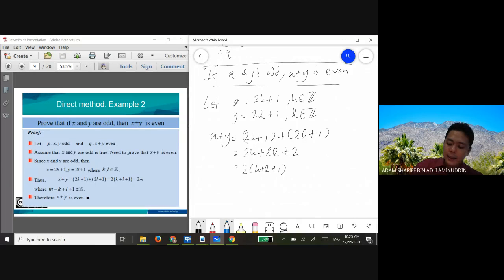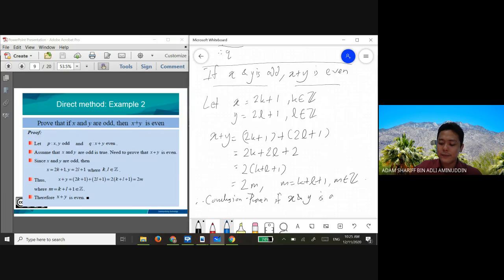As K is an integer, L is an integer, and also 1 is an integer, then it can be simplified as M. And this M is represented by K plus L plus 1, and this M is another integer. So X plus Y is even. So I just proven the conclusion. Don't forget to put a conclusion here. It's proven that if X and Y is odd, the summation is even.